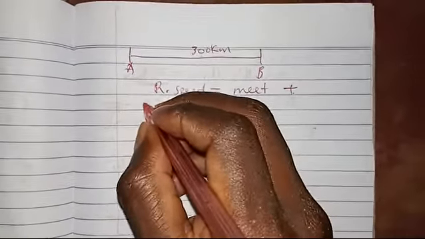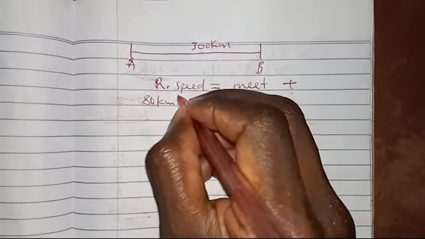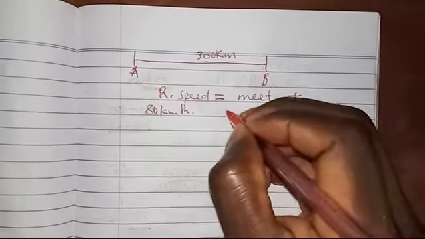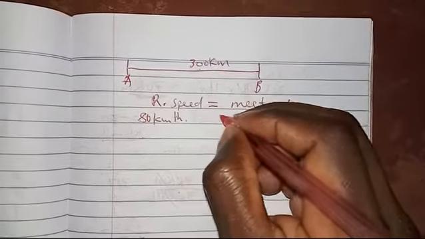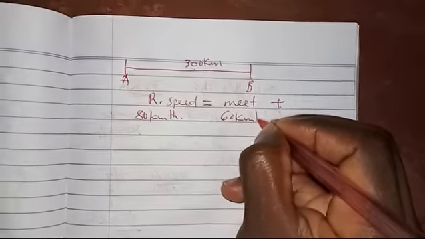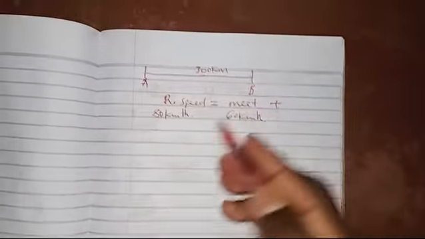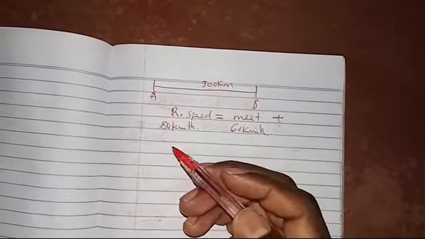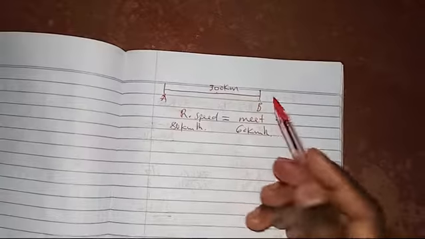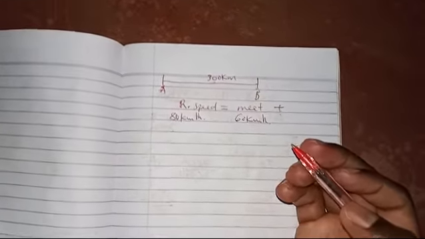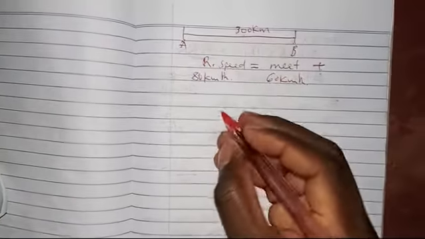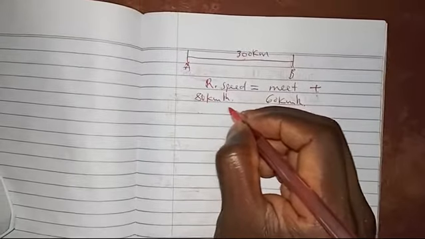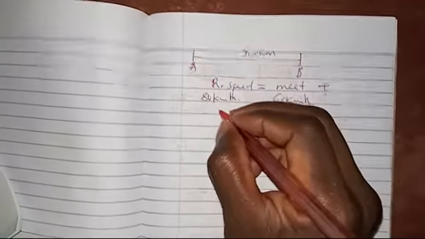The vehicle from town A was moving at 80 kilometers per hour, but the vehicle from town B was moving at 60 kilometers per hour. So if these vehicles left at the same time from A and from B respectively, at what time did they meet? You have to take the relative speed.